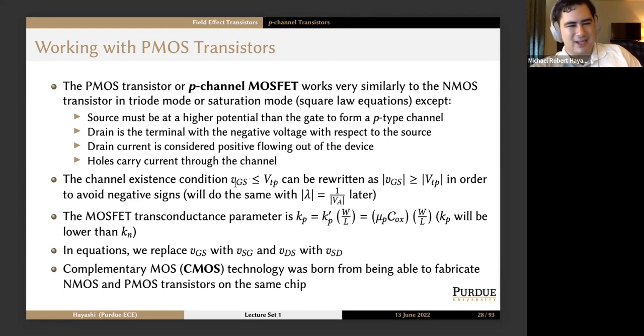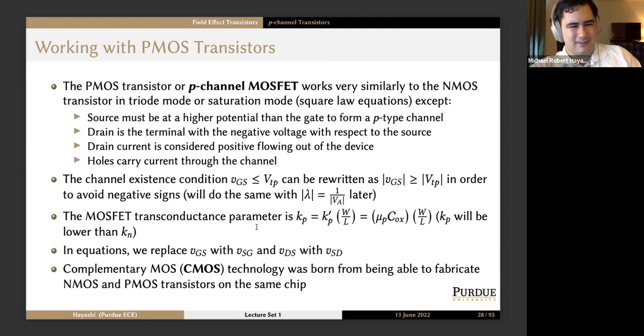So we have the channel existence condition as VGS is less than or equal to VTP. If you don't like dealing with negative numbers, because VTP is going to be a negative number, we can say the absolute value of VGS is greater than the absolute value of VTP. And then we can also do something similar with lambda, which is another character we'll introduce later on that'll be negative.